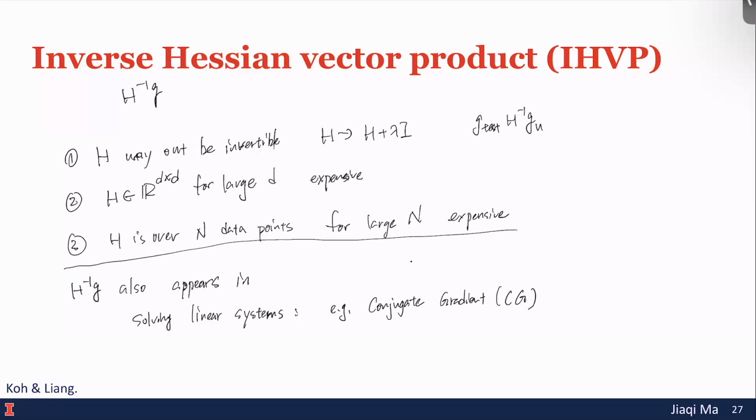For CG, it's not trivial to extend it to a stochastic, mini batch setting. So that's a problem. Unfortunately, this H inverse G also appears in a lot of second order optimization problems.